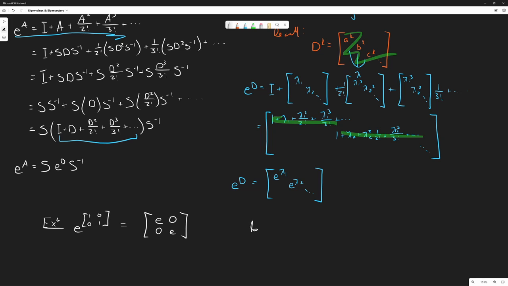And then the same thing goes for part B. If we calculate e raised to the matrix 2, 0, 0, negative 2, then we'll simply get e squared, 0, 0, e to the negative 2, or e squared, 0, 0, 1 over e squared.